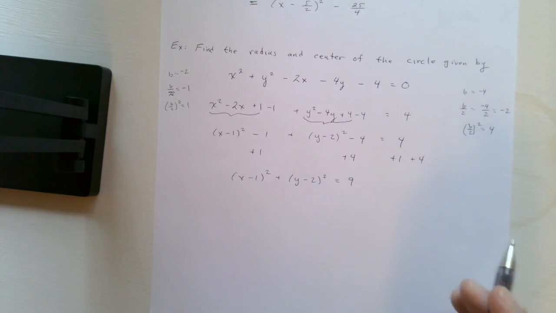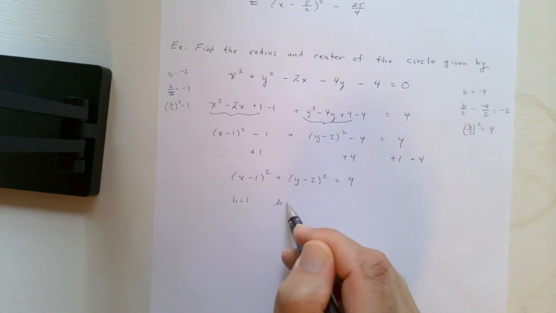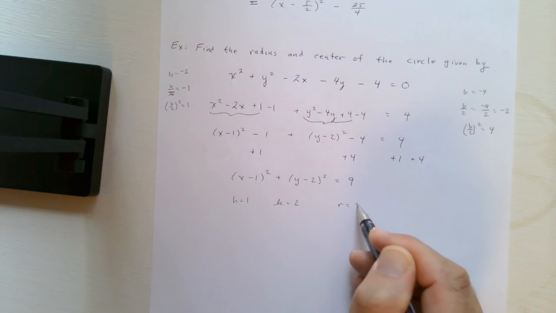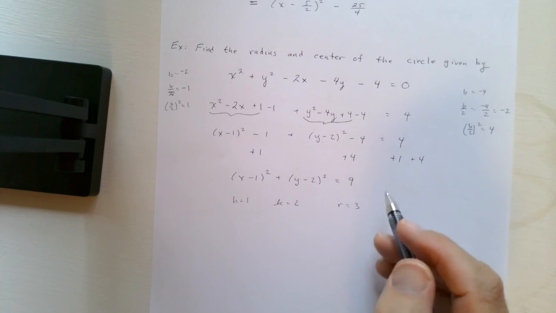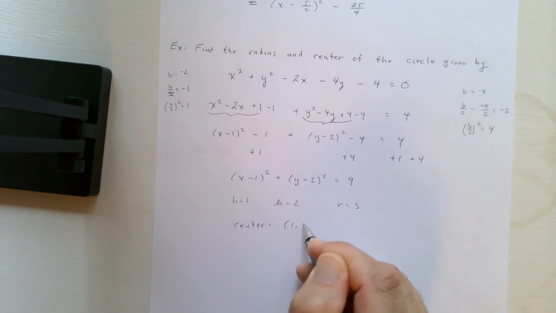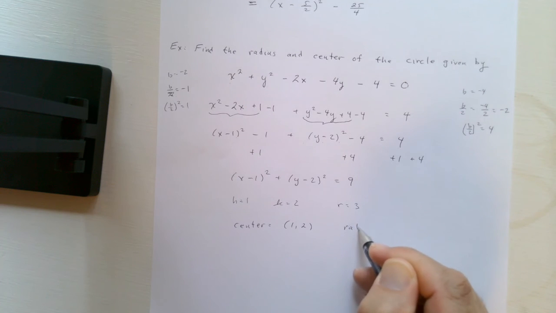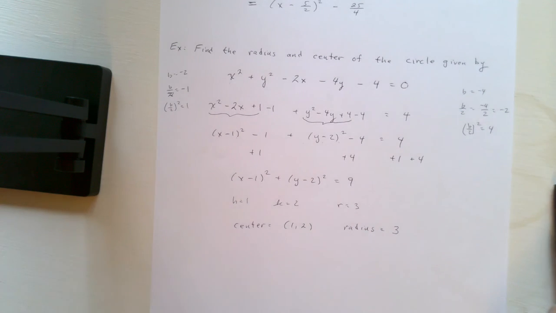So you can see that our h is going to be 1, our k is 2, and our r is 3, because the square root of 9 is 3. So our center is 1, 2, and our radius is equal to 3. Okay.